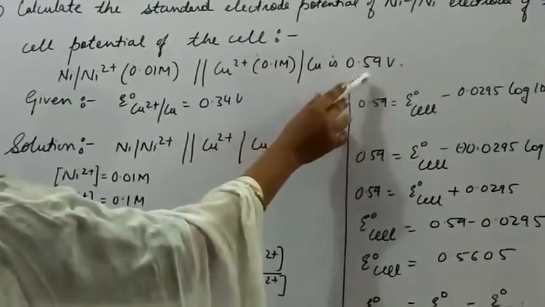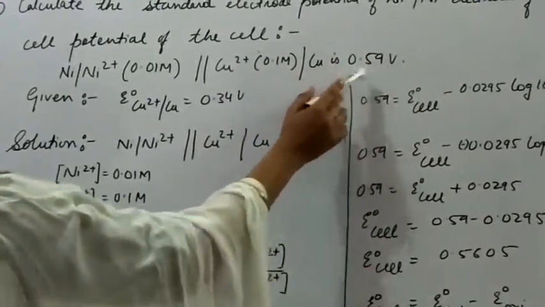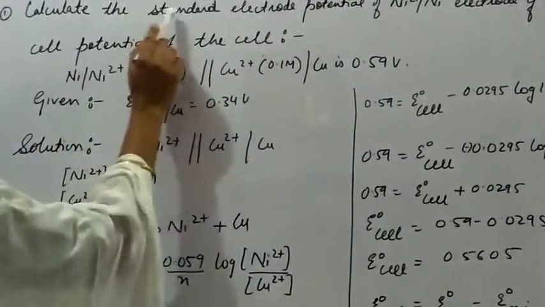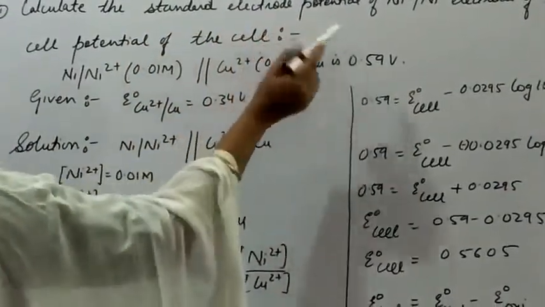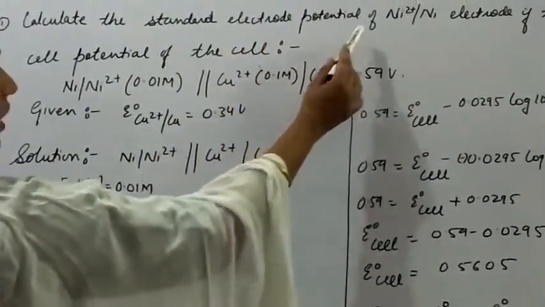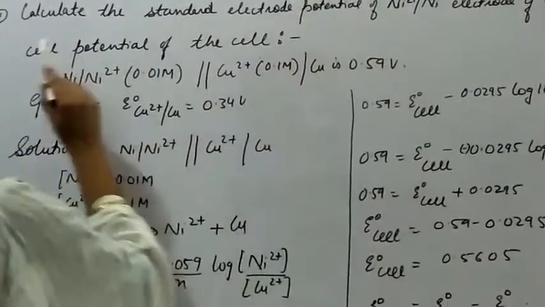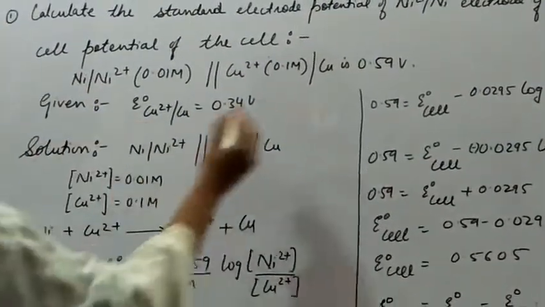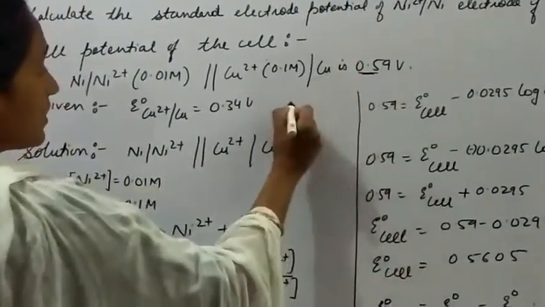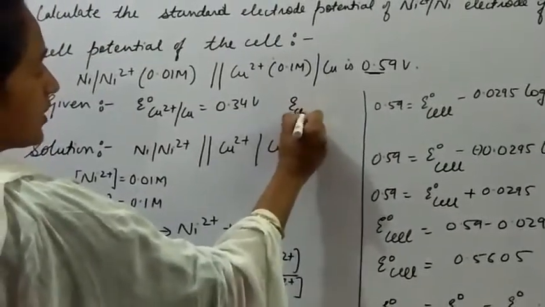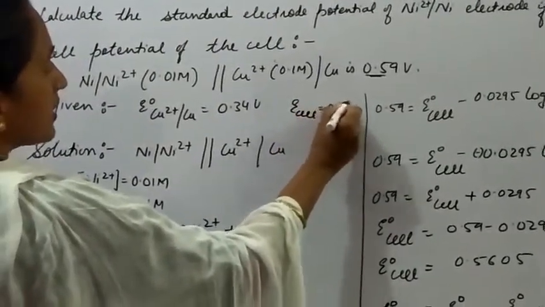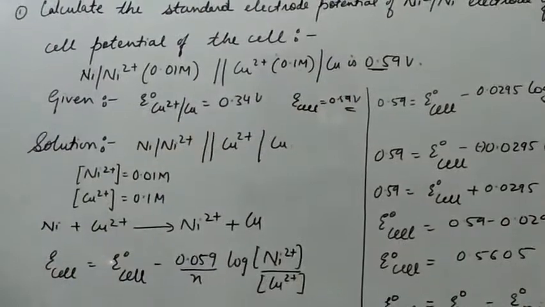Now, the cell potential is given to us. It is given, E cell, 0.59 volt.